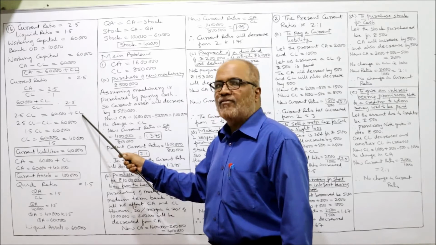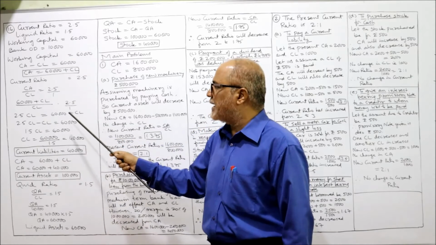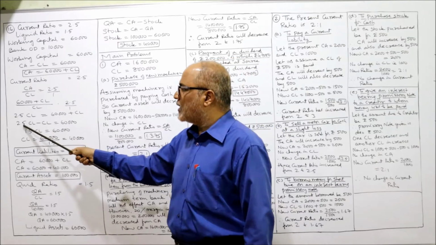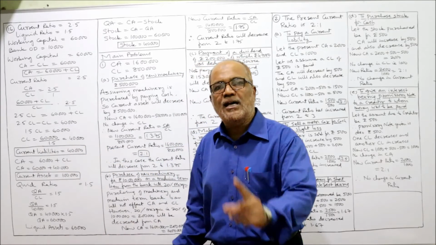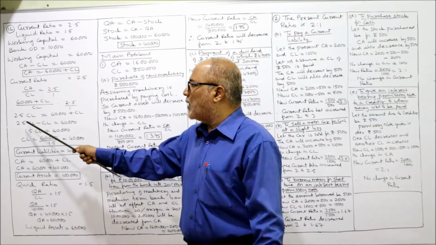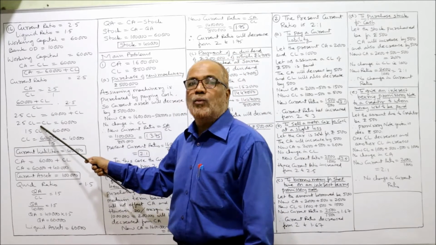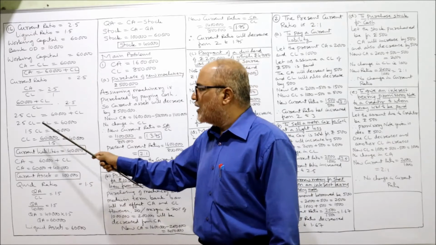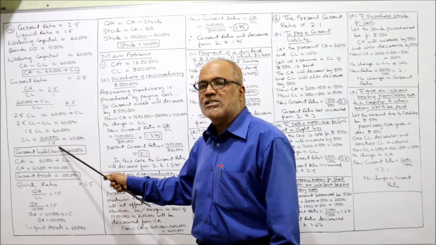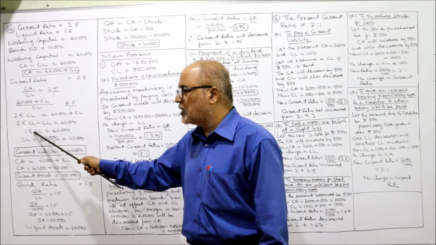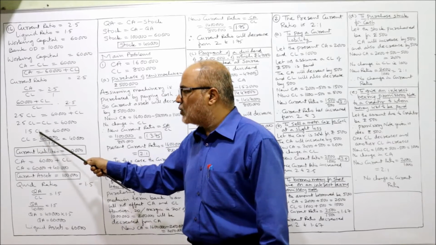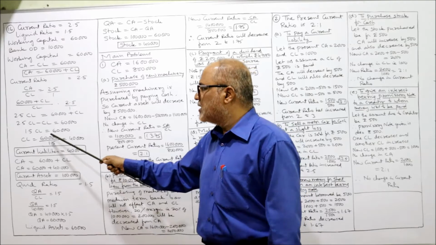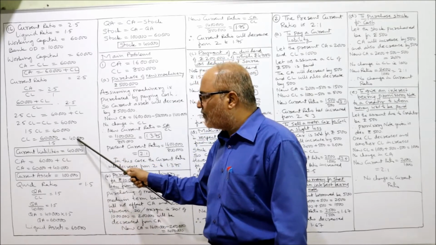Now bring this CL from the right hand side to the left hand side, so plus CL will become minus CL. So 2.5 CL minus CL, where CL means 1 CL, so 2.5 minus 1 gives 1.5. So 1.5 CL is equal to 60,000. Now bring this 1.5 to the right hand side. It will be divided, because there is multiplication here. So 60,000 divided by 1.5 is 40,000.